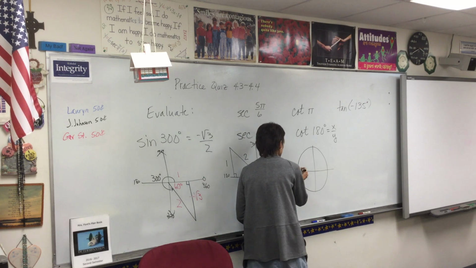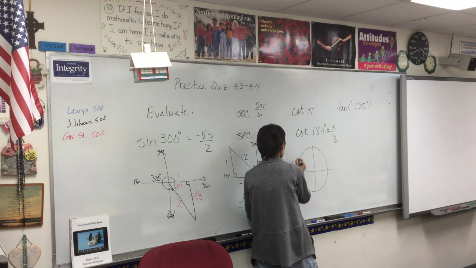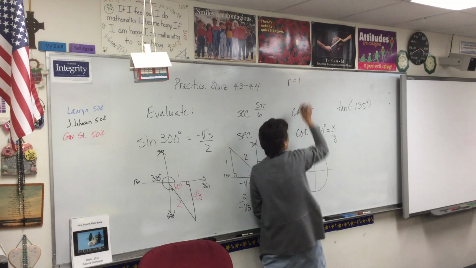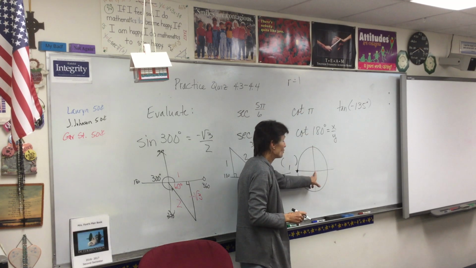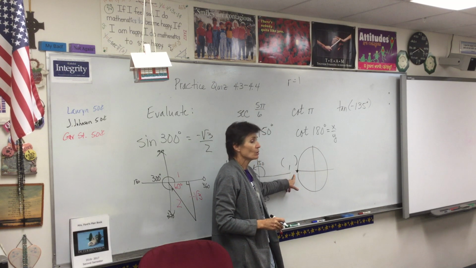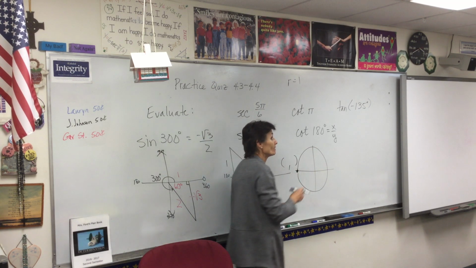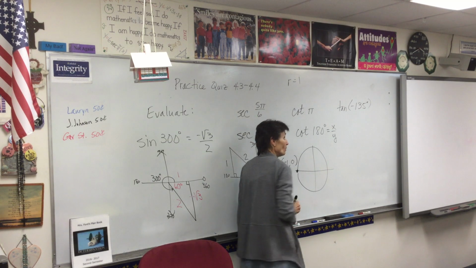All right, so we said we're going to draw a circle. There it is. I need to know what point this is, and I'm always going to let my radius be 1. So if I'm at the origin and I go left 1, negative 1, comma 0.